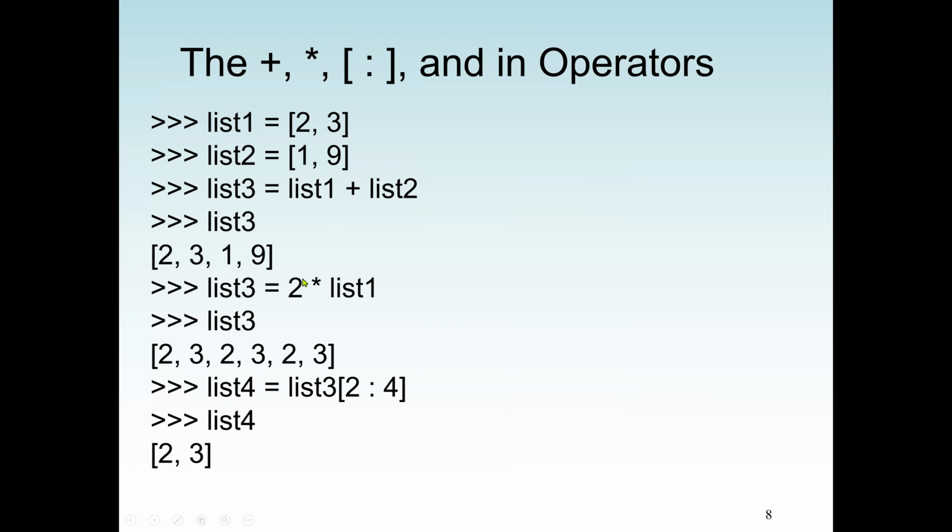So you can see that we repeat it twice more. So 2 and 3 comes again, 2 and 3 and 2 and 3. Same thing if you have 3 times, then 2 and 3, 2 and 3, another 2 and 3. So it will be 3 times, with the first initial one there. So there's no multiplication here.